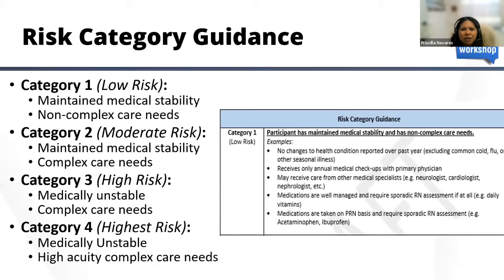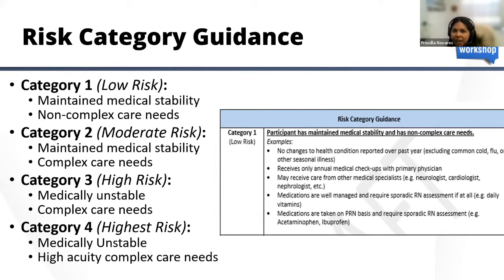So from there, Worksheet B will provide that risk category guidance. They don't necessarily have to meet all of the different components, and I do want to remind you that it's going to look very different depending on those factors of the 5 rights of nurse delegation. It's going to look different for each participant. It's going to look different for the delegatee and the different circumstances that the RN has to determine.